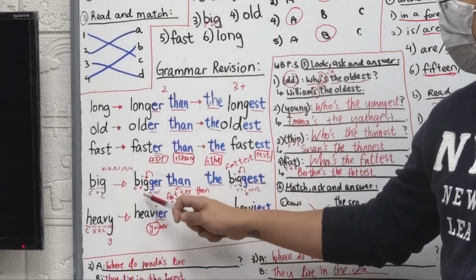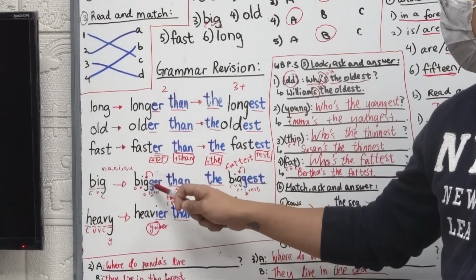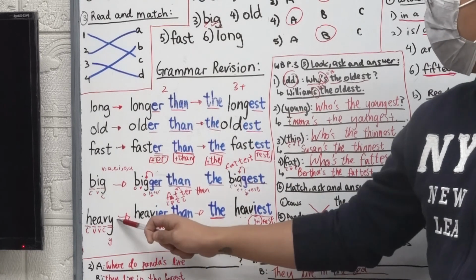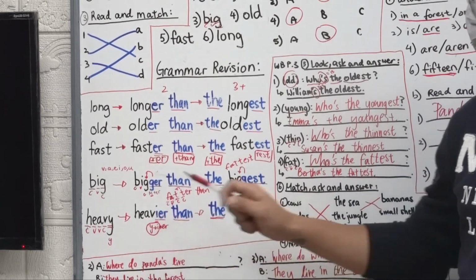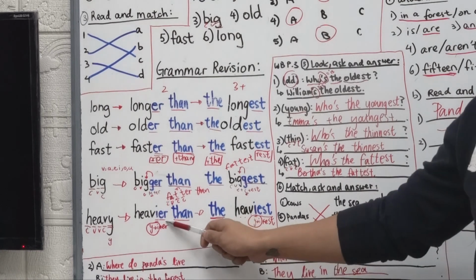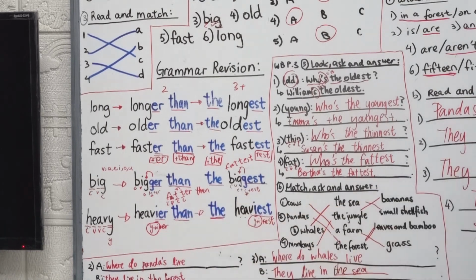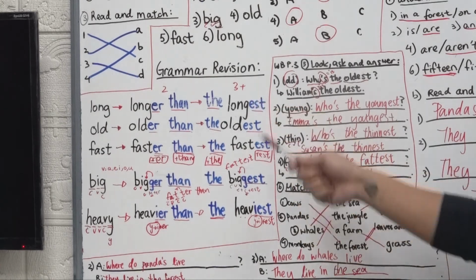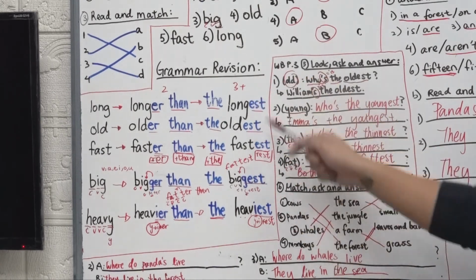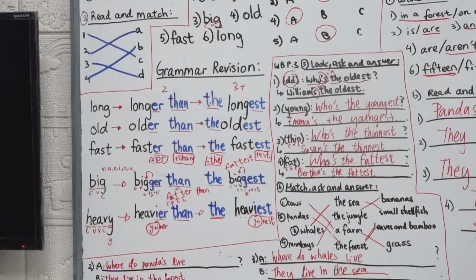If it's CVC, we need to put another C. If it's ending in Y, we change Y to I and then add ER. Don't forget that ER always has the word than after it, right? And then superlative can mean only one, the best, or three, comparing three or only talking about only one.